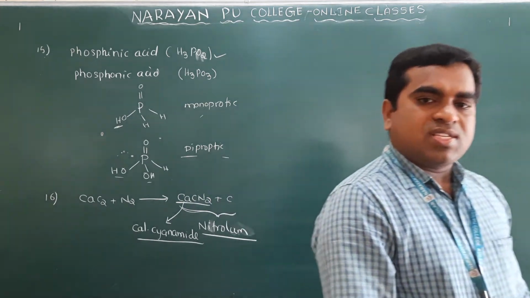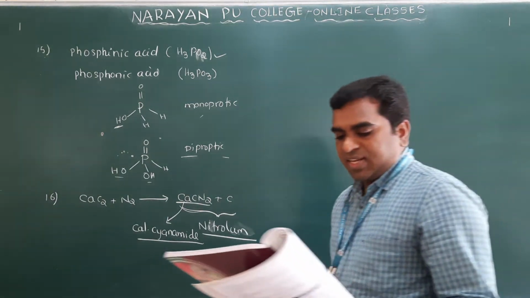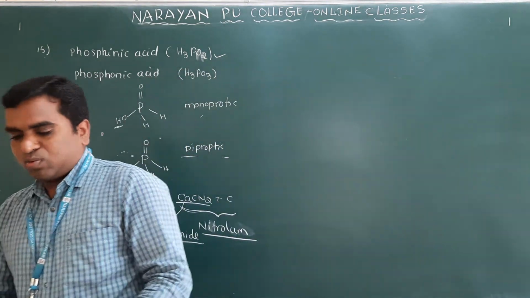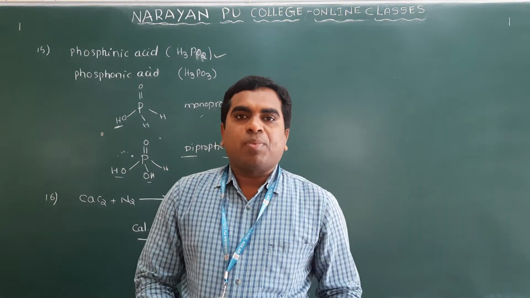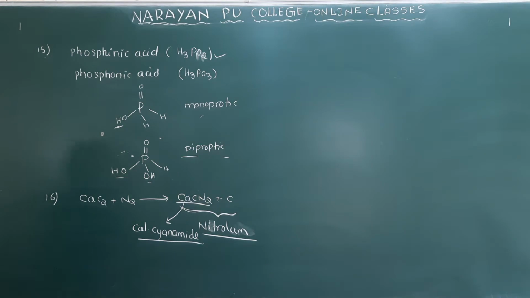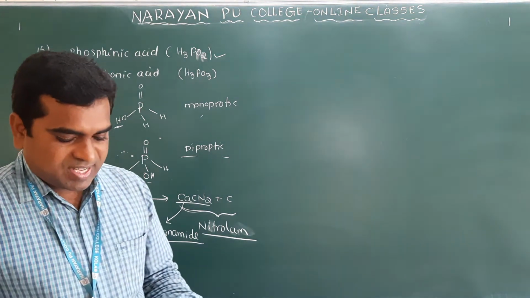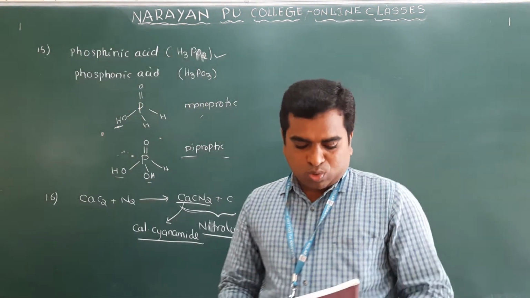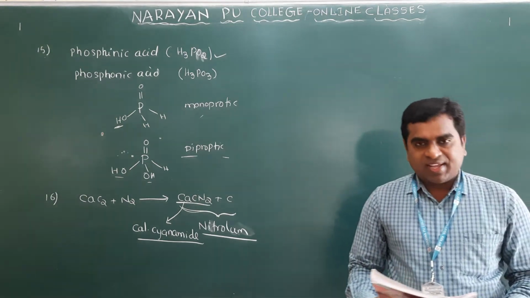So what is your answer here? Option 3 is the correct one, and this is about the 15th group compounds. Next we have to discuss the 16th, 17th and 18th groups.